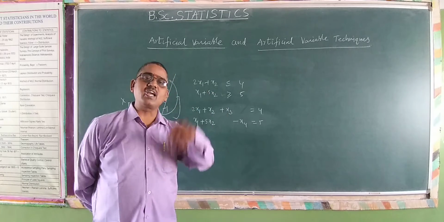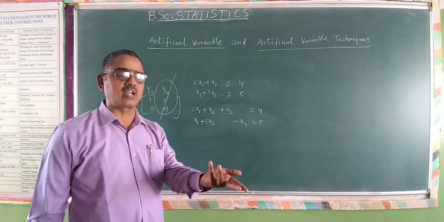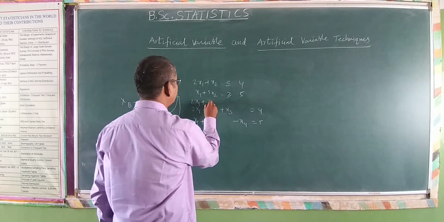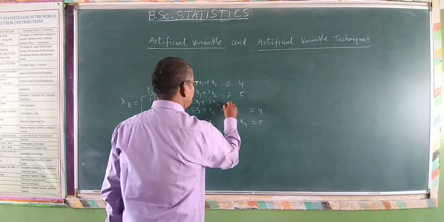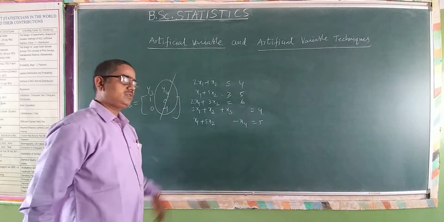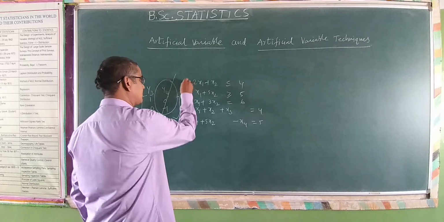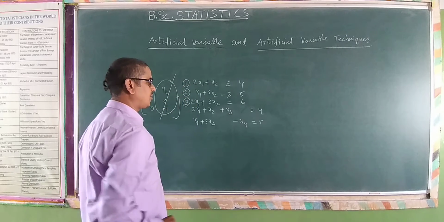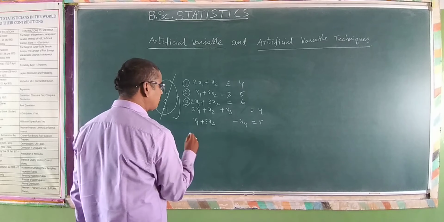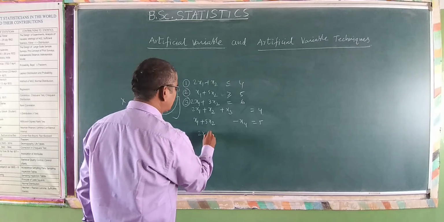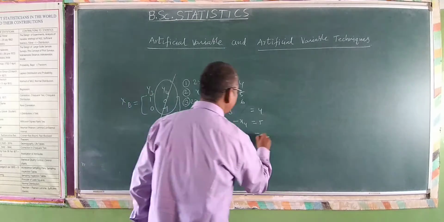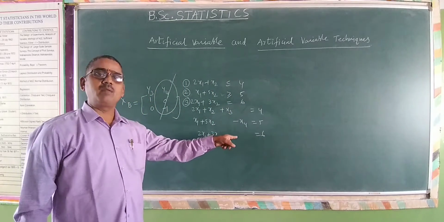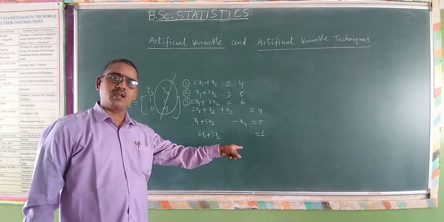In such a case, for an equal to constraint, for example, if I consider 2x1 plus 3x2 equal to 6, which is the third constraint, that is constraint number 1, constraint number 2 and constraint number 3. Constraint number 3, 2x1 plus 3x2 equal to 6, is already an equation. Is the initial basic feasible solution available here?